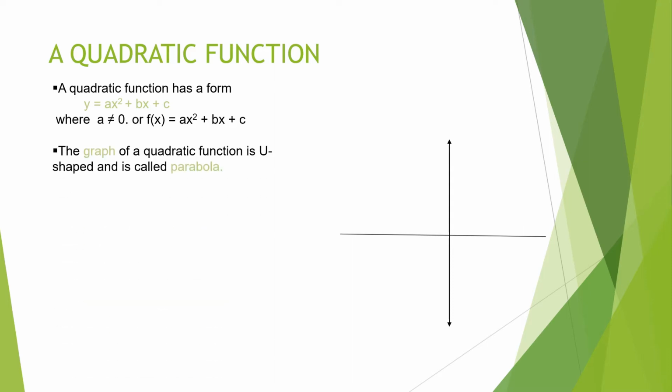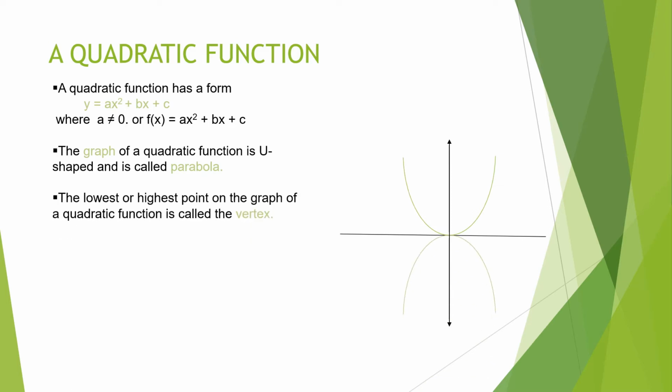The graph of a quadratic function is U-shaped and is called a parabola. The parabola opens downward if the value of a is less than 0, and it opens upward if the value of a is greater than 0.